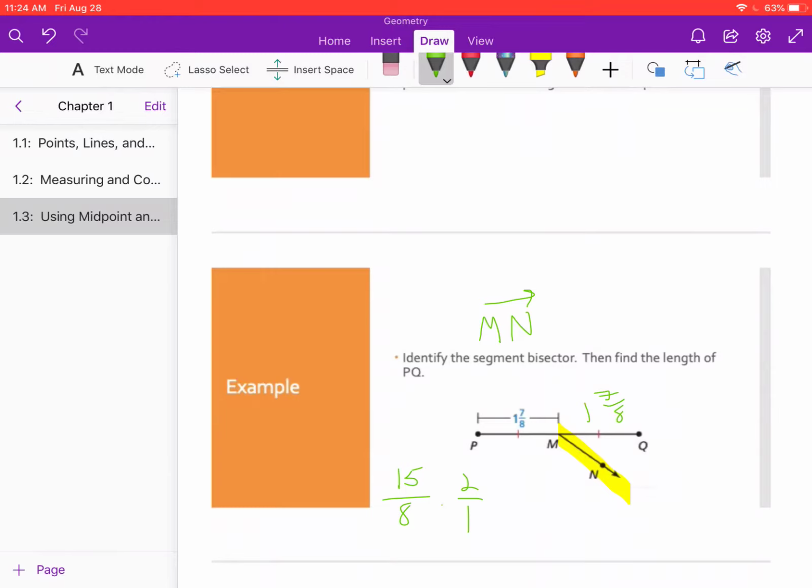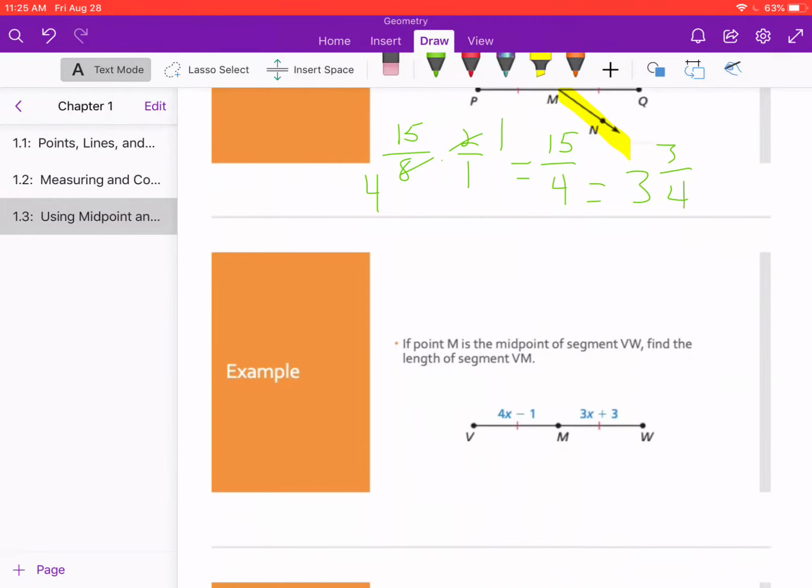I just changed 1 7/8 to an improper fraction. Multiplying fractions, reduce, this becomes a 1, this becomes a 4. So 15 over 4, which becomes 3 3/4. So PQ is 3 3/4.